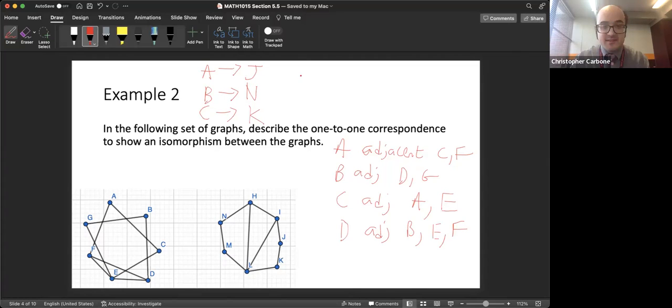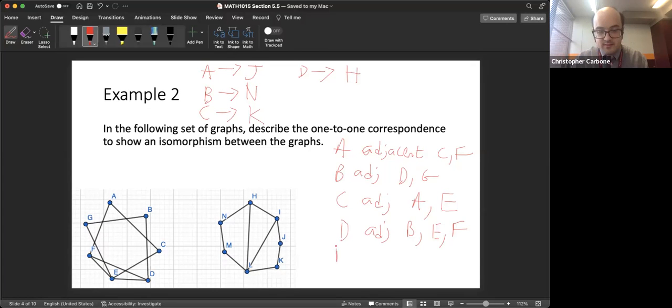So the correspondence in the second graph to vertex D is a vertex having three adjacencies.